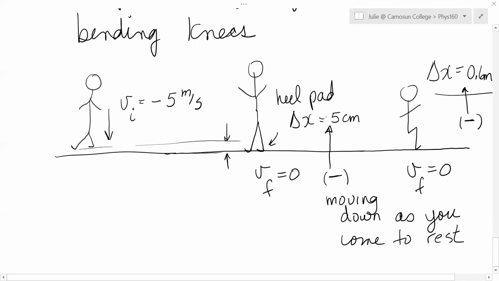So we better put that negative in there, and a negative. Okay. VI is negative because you're traveling down before you hit the ground. So you're moving down. Okay, and VF is 0.